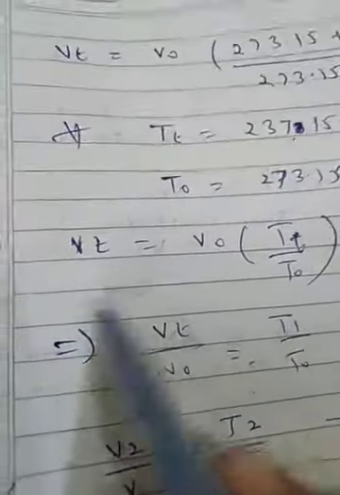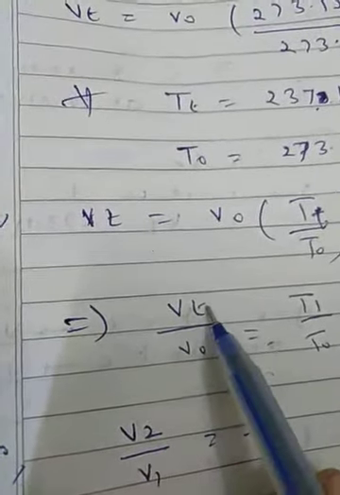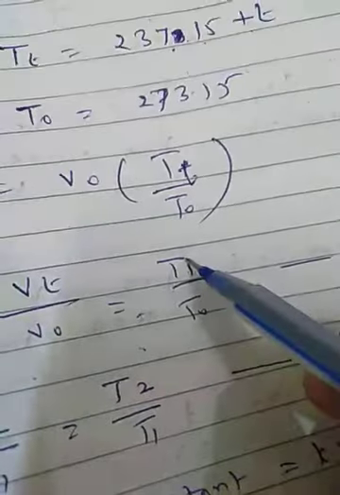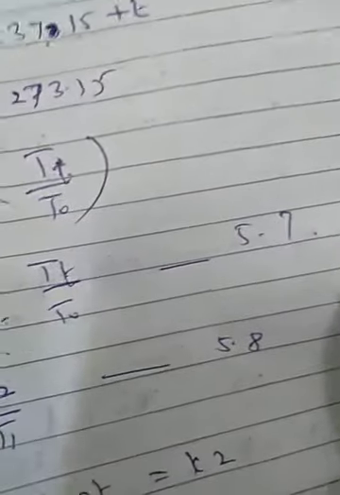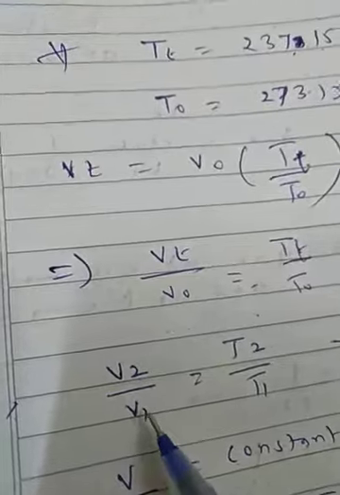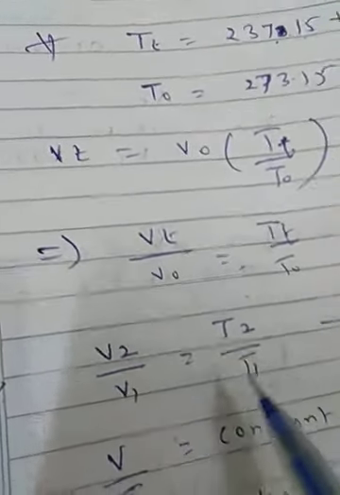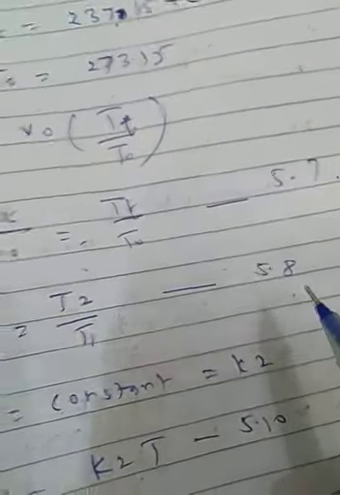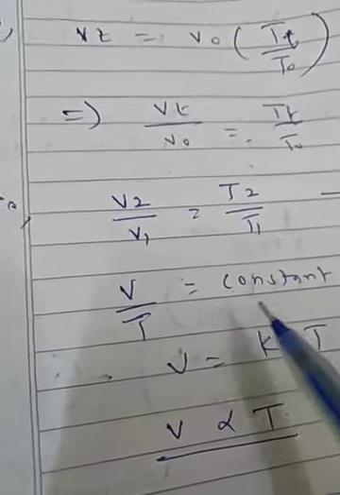So from here we can say Vt upon V0, volume at temperature T and volume at 0 degree temperature, is equal to Tt upon T0. This equation is 5.7. From this we can say, for initial volume and final volume, V2 upon V1 is equal to T2 upon T1. This equation is 5.8.